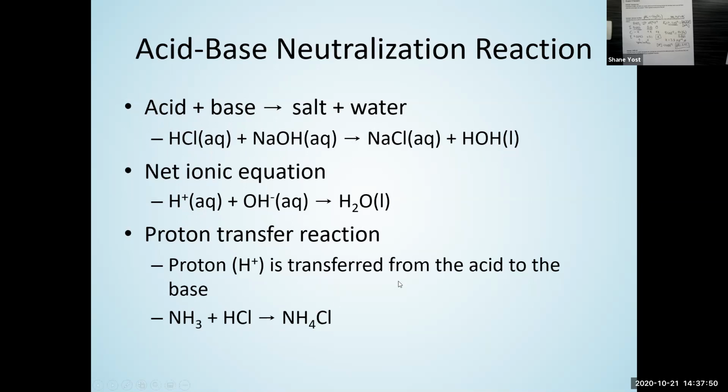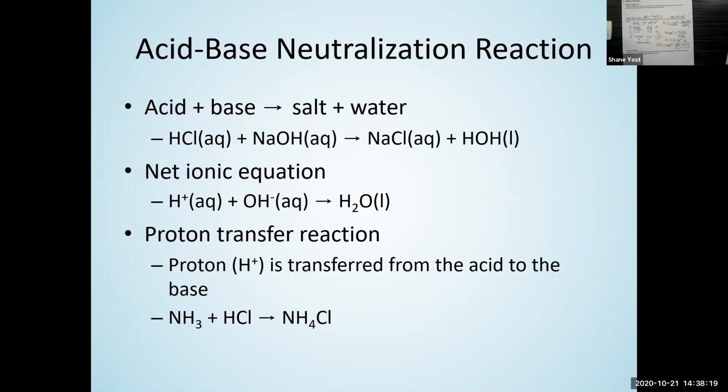Now, there are a few examples where water doesn't get formed. For example, if your base is ammonia, NH3, then ammonia plus an acid will form a salt, but it won't form water, because NH3 is a base that doesn't have OH minus to give off to act as a base. NH3 itself is accepting the proton. In bases like sodium hydroxide, the hydroxide is what's accepting the proton.